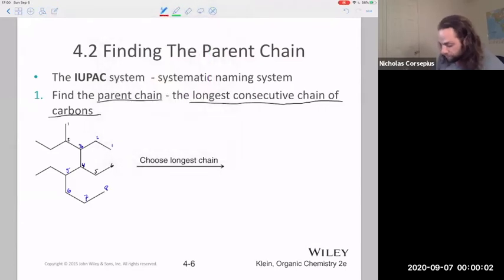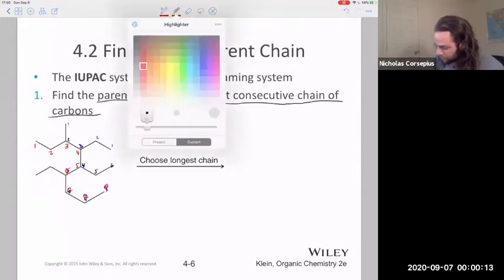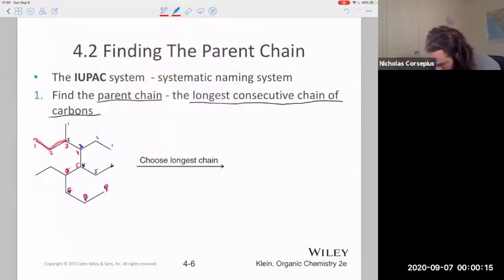So if you went through and did all these different possibilities, you would find that 1, 2, 3, 4, 5, 6, 7, 8, 9, this segment right here is the longest consecutive chain of carbons.